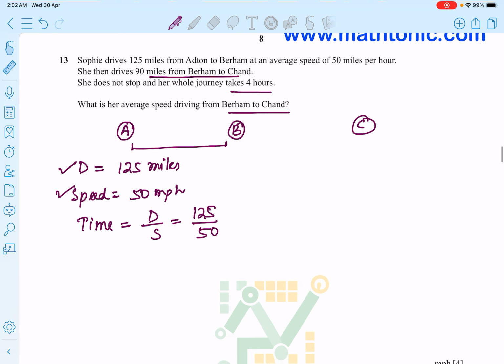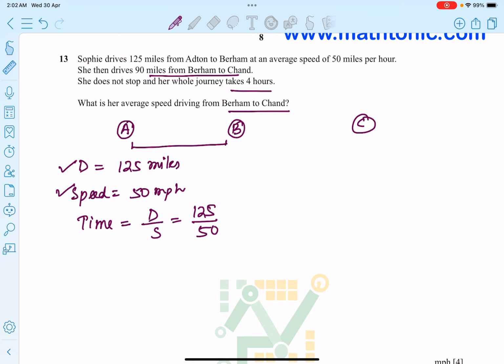Yes. As we don't use a calculator for this paper, you have to simplify yourself. How can we simplify? If you see these two numbers, both can be divided by 25.